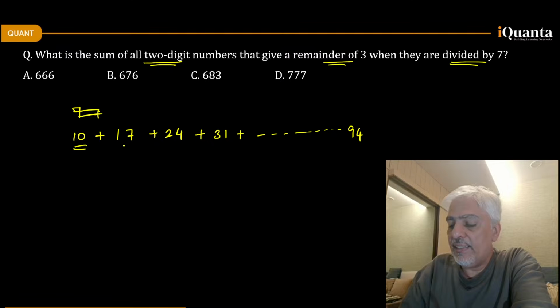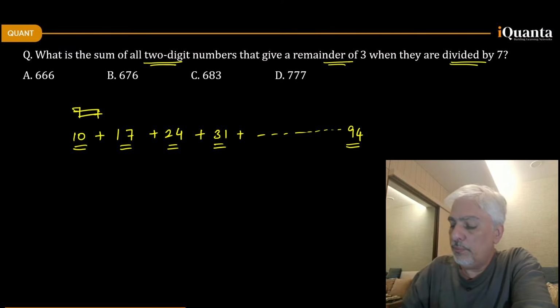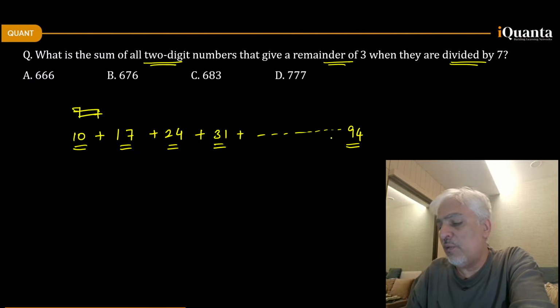So 10, 17, 24, 31, dash, dash, dash, up to 94 will be the last number, because the next number will be a 3-digit number. So now, first thing which we need to know is how many numbers are these. If you know how many numbers now, it becomes very easy.